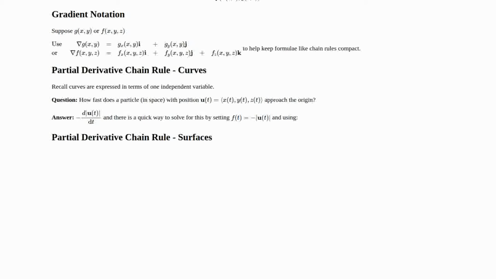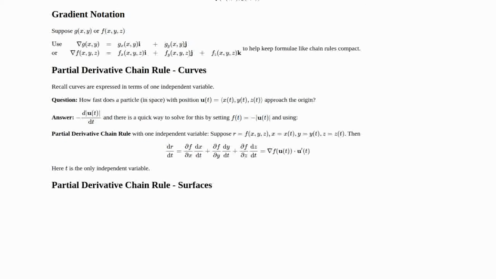So the size of that position actually is how fast it's going away from the origin. So how fast it would approach the origin would be the negative of that. There is a quick way to solve for this, and we do so by letting f(t) be minus the size, which is the Euclidean distance from 0 of u(t), and using this partial derivative chain rule with one independent variable. That is the partial derivative chain rule for curves.